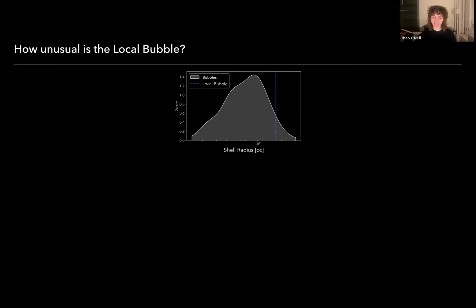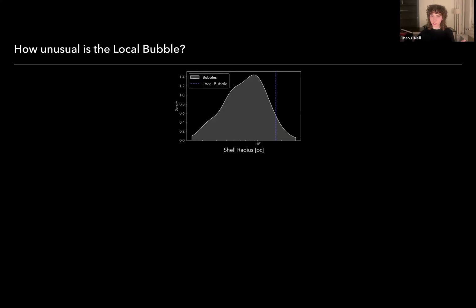It's a great question as well. So the shells are defined based on there being a continuous low density void in this 3D dust map. And then the shells are mapped. You map the dense dust surrounding this low density void.